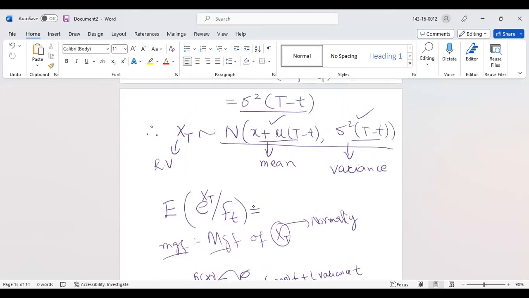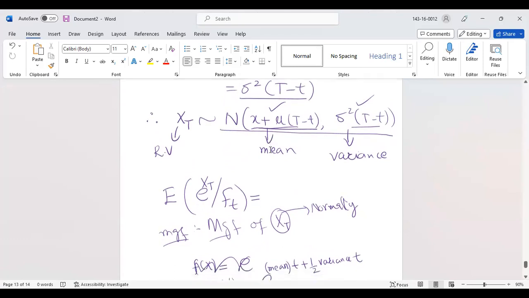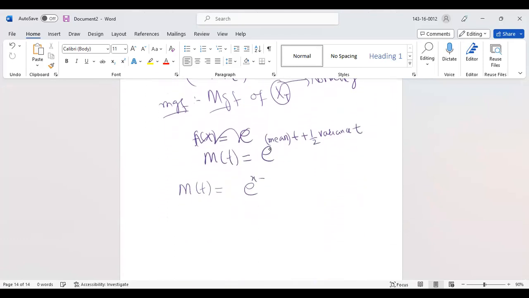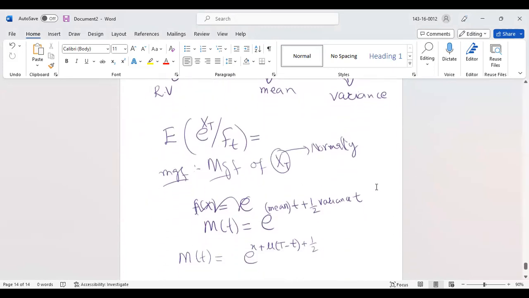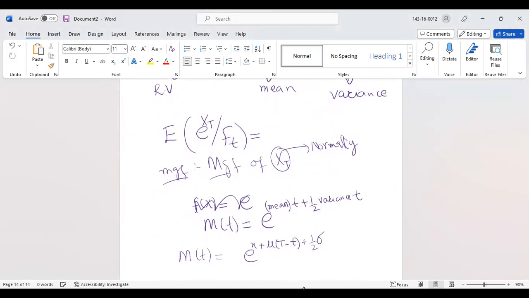The mean is going to be x plus mu times capital T minus t, plus 1 over 2 sigma square times T minus t, where this is the variance.